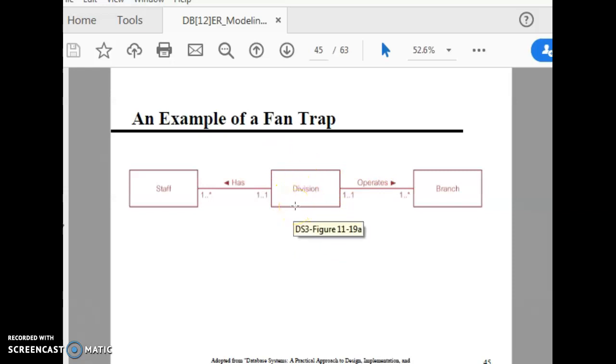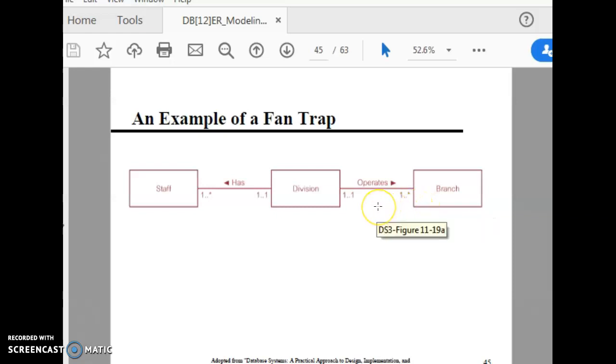In this case, a problem arises when we want to know which members of staff work at a particular branch. And if we try to answer the question, at which branch does staff number SG37 work?